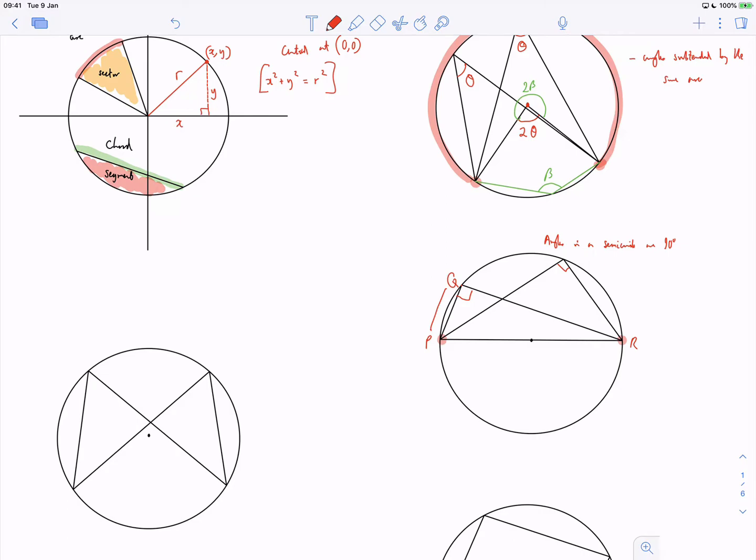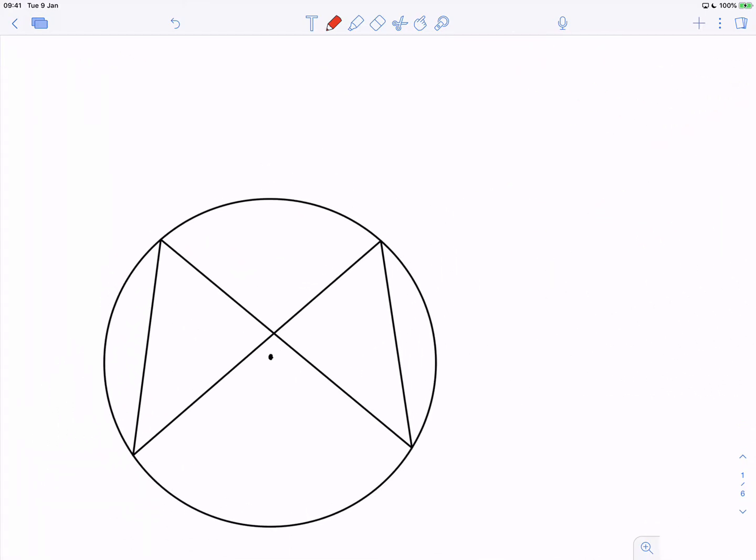Okay, so here, what we've got is this angle, let's call it A, is the same as this angle, we'll call it A, and this angle B is the same as this angle B as well. And this is angles belonging to the same segment theorem.